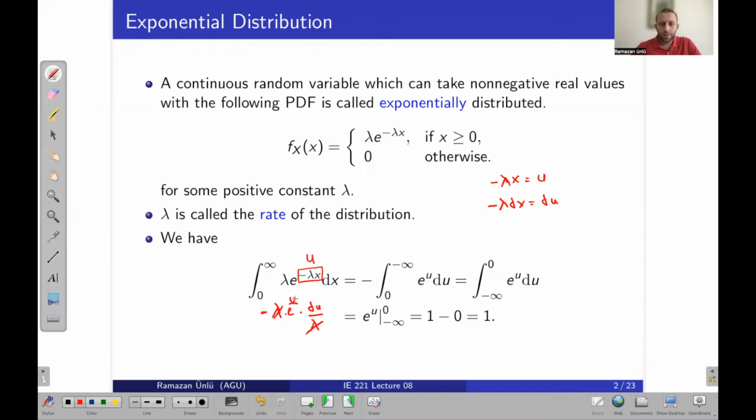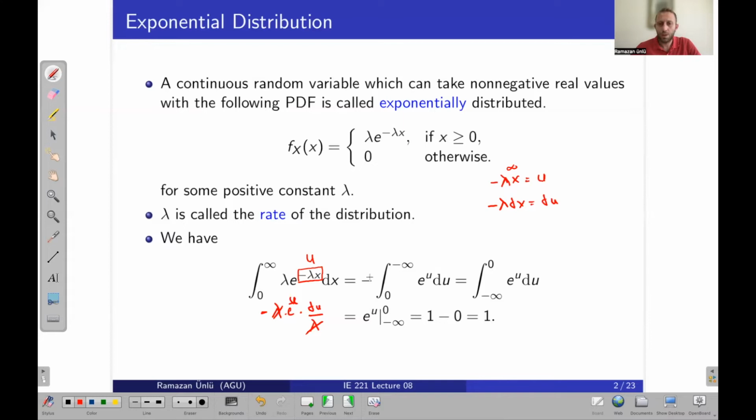But this range from 0 to infinity is valid for the x variable, so let me change it for u. If x is 0, u will be 0, so the lower limit will not change. And if x is infinity, u will be minus infinity.